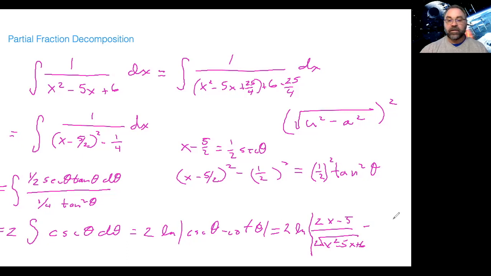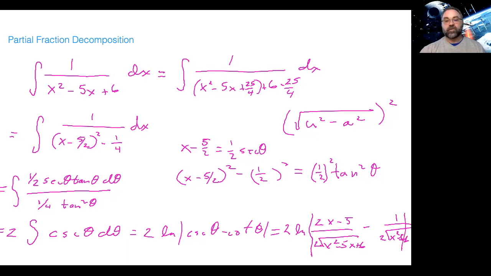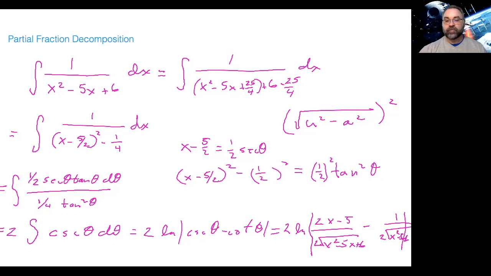And the cotangent turns out to be 1 over that same square root. All that, of course, has a plus c. And there you go. It does simplify down. There's some simplification that we can do there, but you can see that it's going to take a little doing.